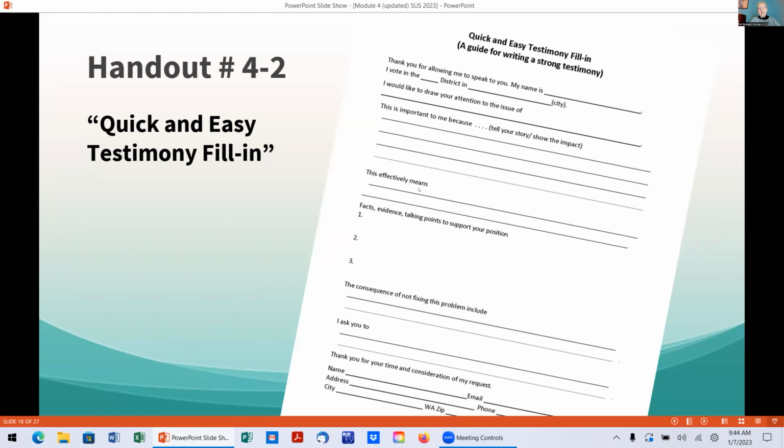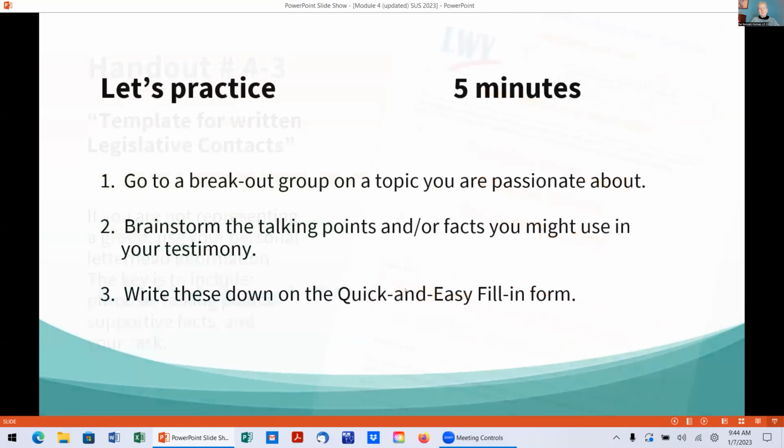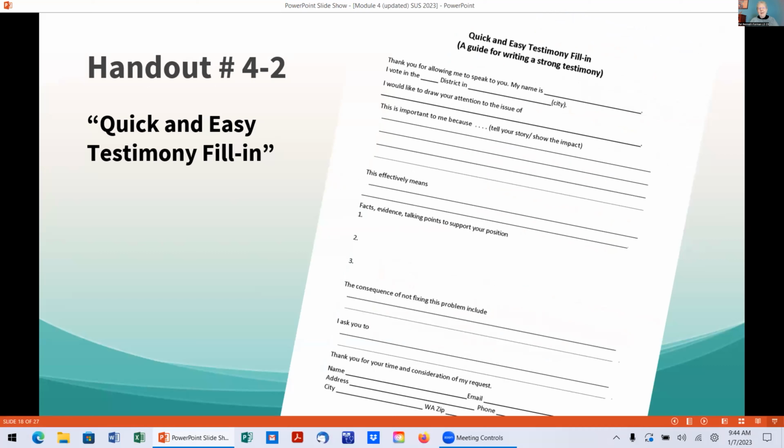And this effectively means the facts and evidence that support my position are here. The consequences of not fixing this problem include? And I ask you to. So it's all right there for you. And if you need additional space, you can just download the document and save the template, type right onto it, and save your completed work.